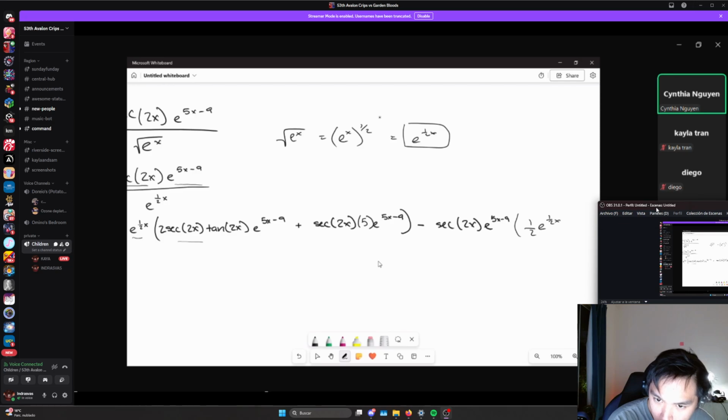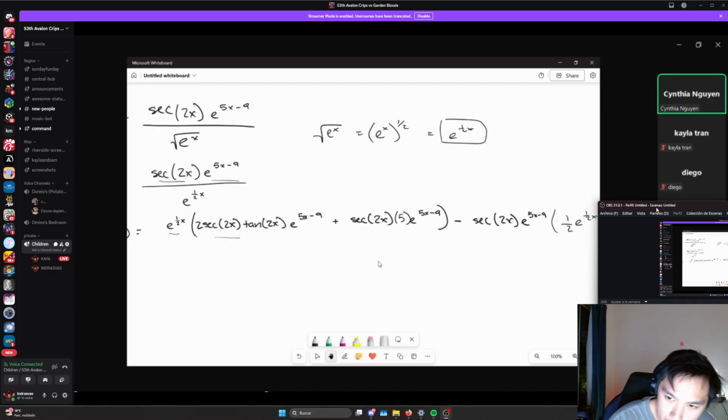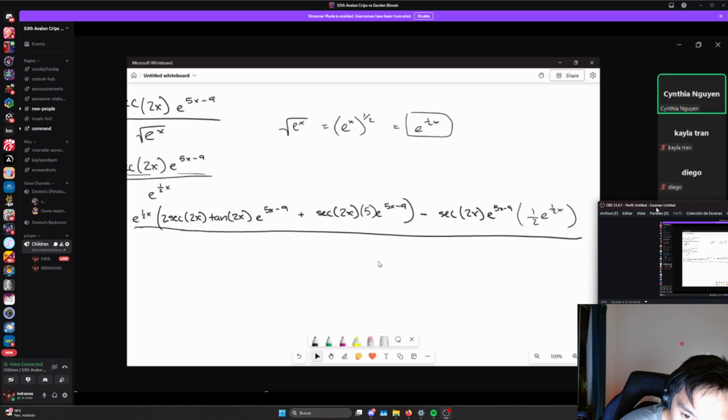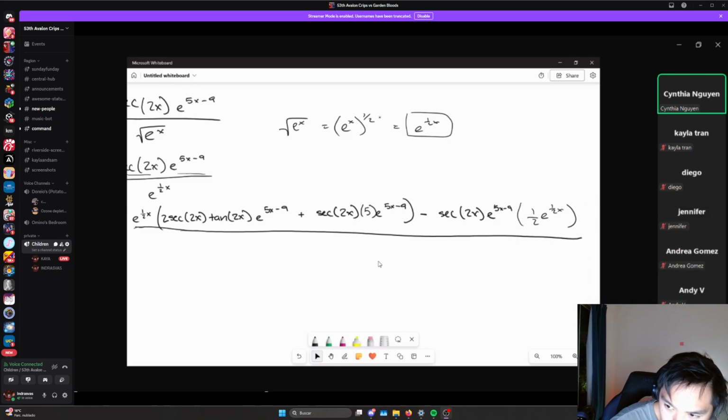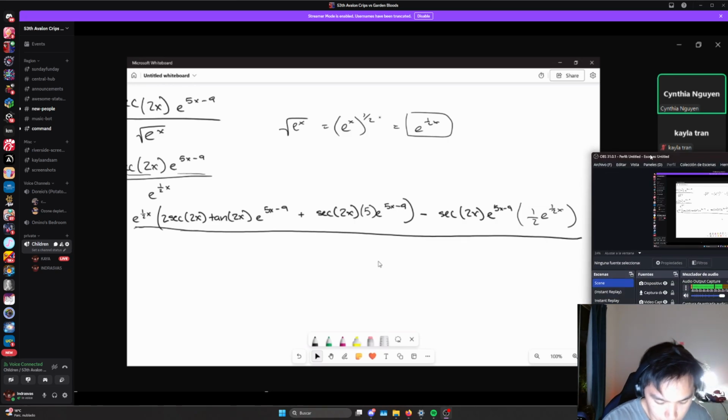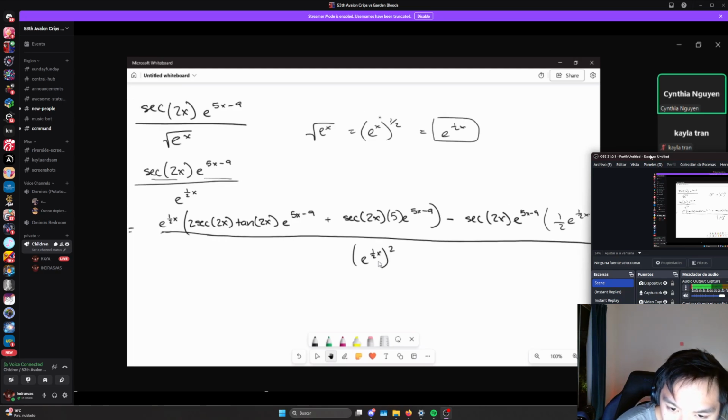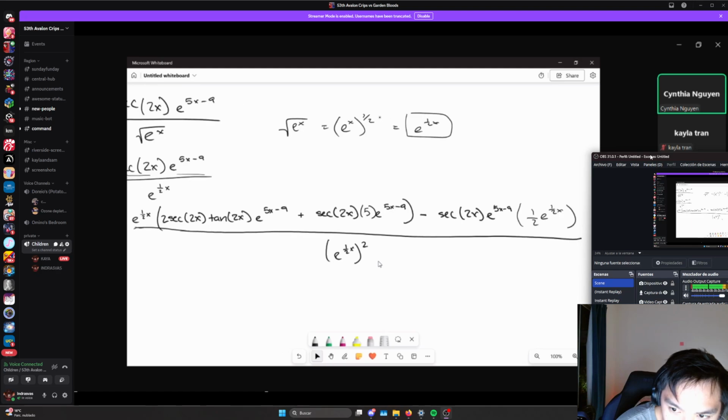Now you have the numerator of your quotient rule derivative, and then your denominator part is your original denominator, but now squared, so e to the 1/2 x squared. And that is the entire answer, if you do it as a quotient rule.